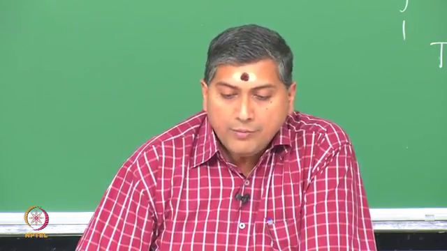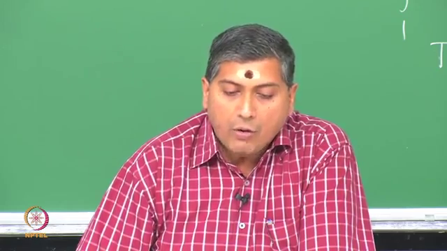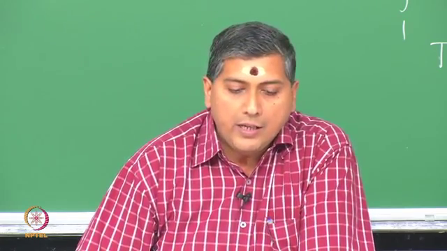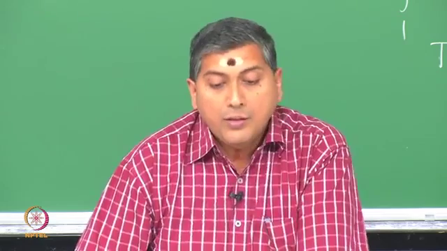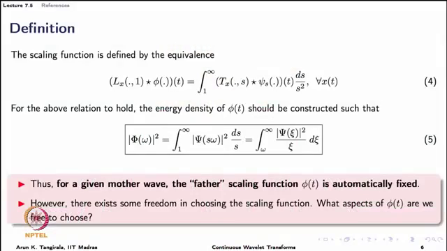Now, if I know a particular wavelet, I can also always derive the scaling function. Of course, this integral here that you see, that is omega to infinity mod psi of z squared by z dz, is familiar to us in the form of admissibility constants.